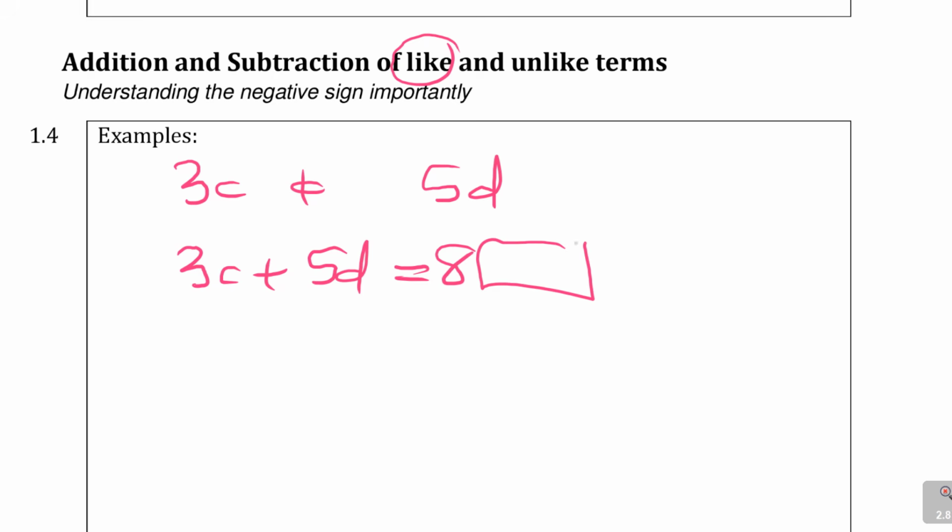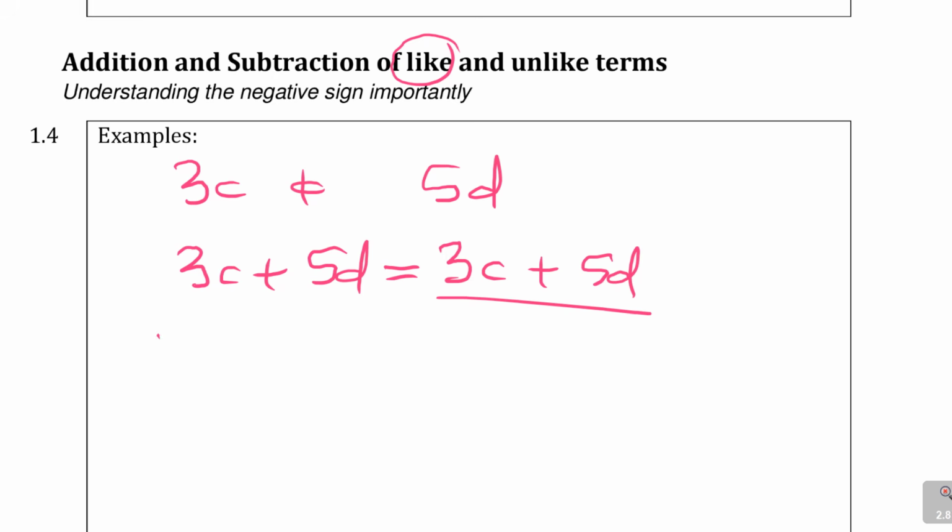Is there an animal called cow dog? Have you ever seen such? It doesn't exist. Meaning, if I give you 3 cows plus 5 dogs, you can't do anything to these. They remain as 3 cows plus 5 dogs. You can't add them. Remember, this is reality. You can't add something that is not related.